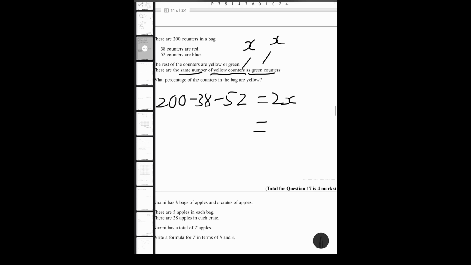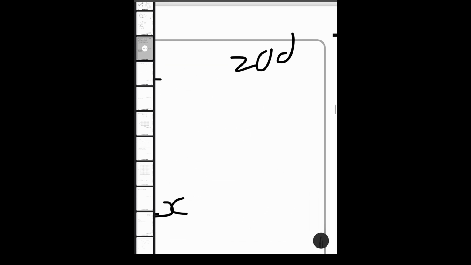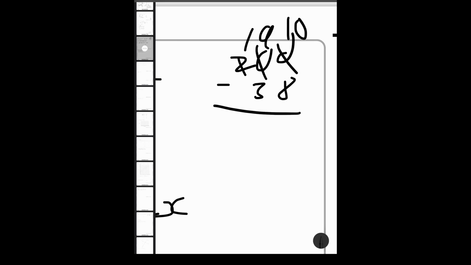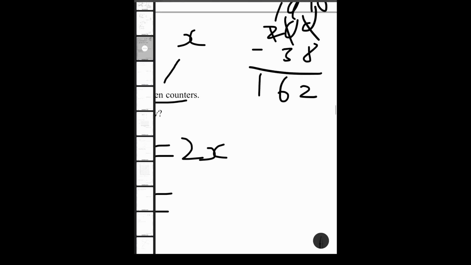So 200 minus 38, again do the same process as we did earlier. 162, but we minus 52 again, which is 110.